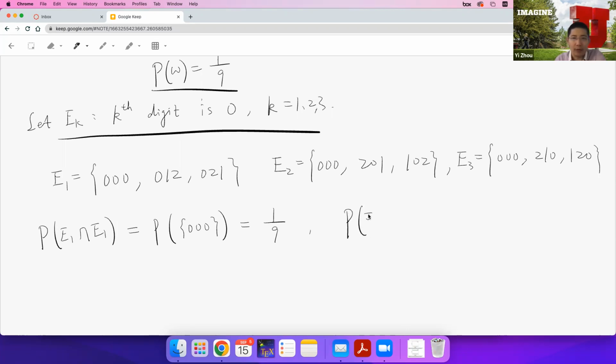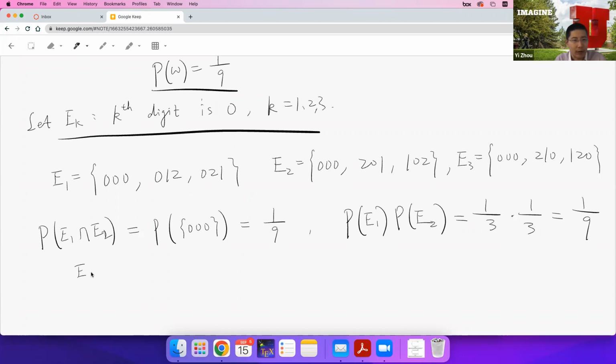On the other hand, if we look at the product of the individual event probabilities: each event has 3 outcomes, and every outcome happens with probability 1/9, so each event has probability 1/3, basically 3/9. The product is 1/9, and these two are equivalent.